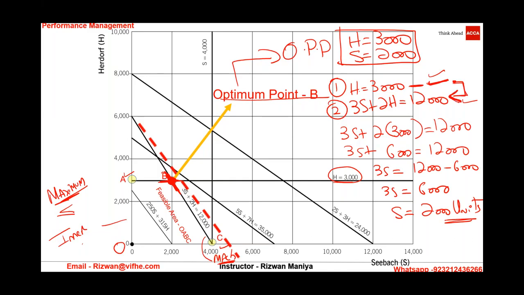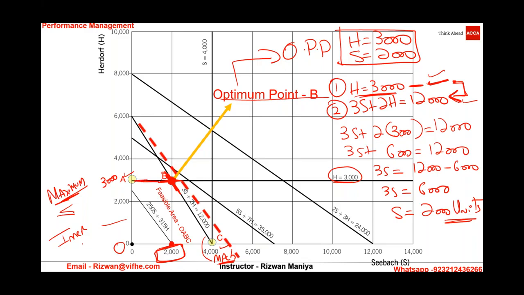As I had the answer of H already, because at this point H is 3000, which is very much clear, I just had to find out the answer for the other one. But it was really much obvious here. You can see from this graph, only from this graph, that this is 3000 H and S was already defined at 2000. So in this question, the examiner did mention the answer by drawing the lines here.